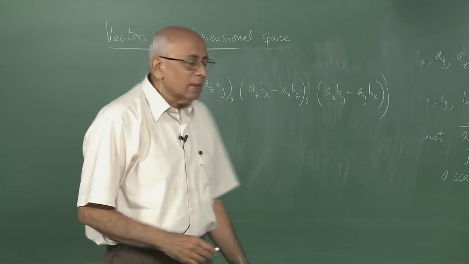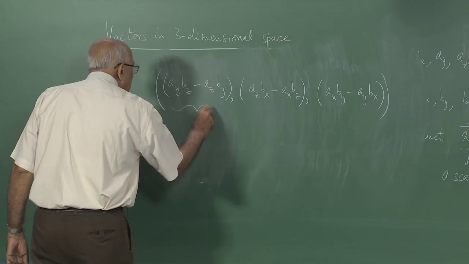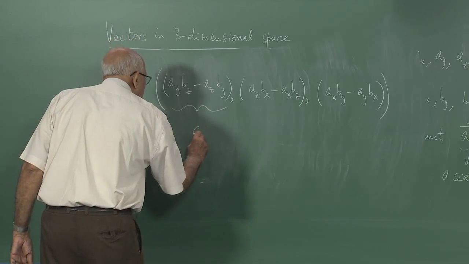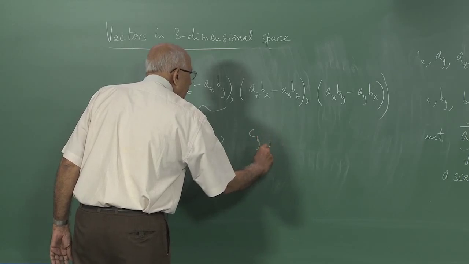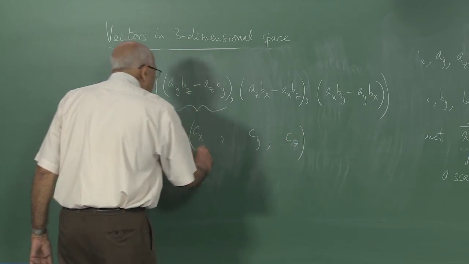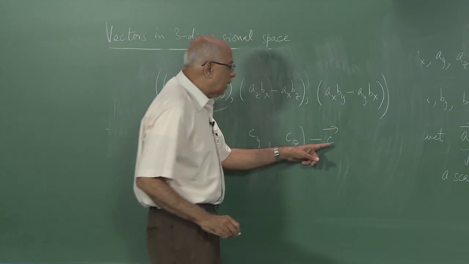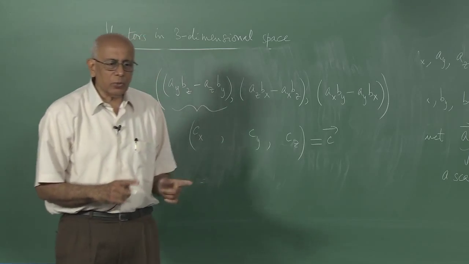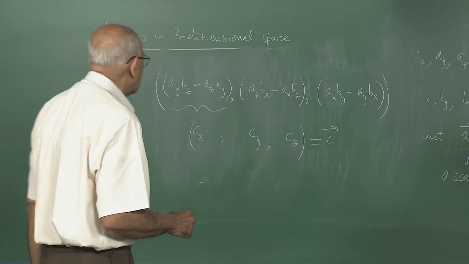So this means that if you call for the moment this quantity here to be a component of a vector, c subscript x, c subscript y, c subscript z, these 3 quantities qualify to be a vector in the sense that they transform exactly as the coordinates x, y, z do under a rotation of the coordinate axis about the origin.